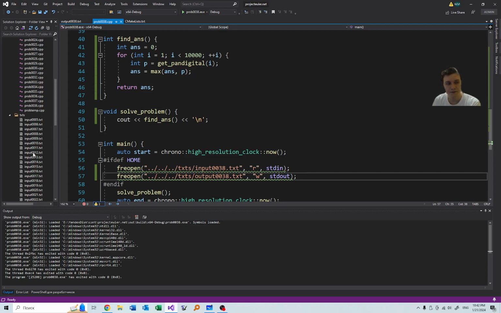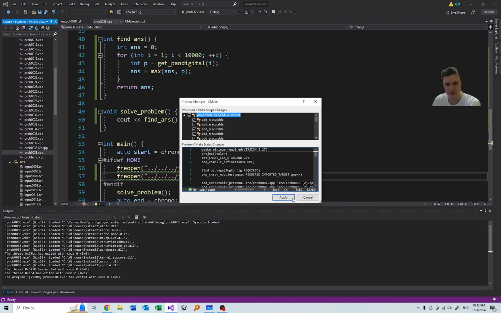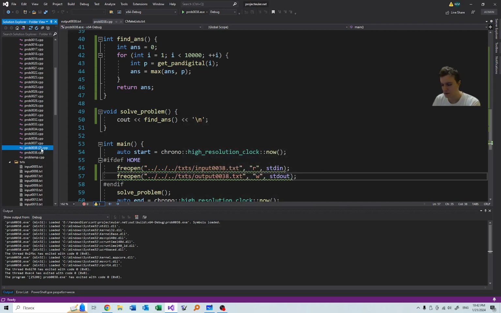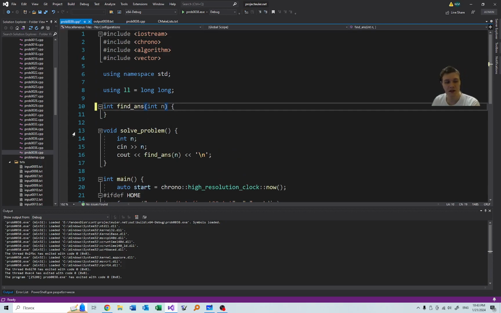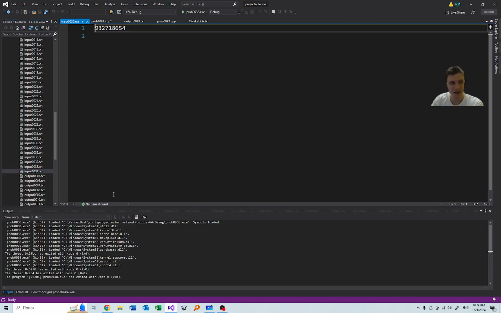Okay, let's go. I actually would like to duplicate this file. So we store this number n. This time we have an interesting input, which is 1000.